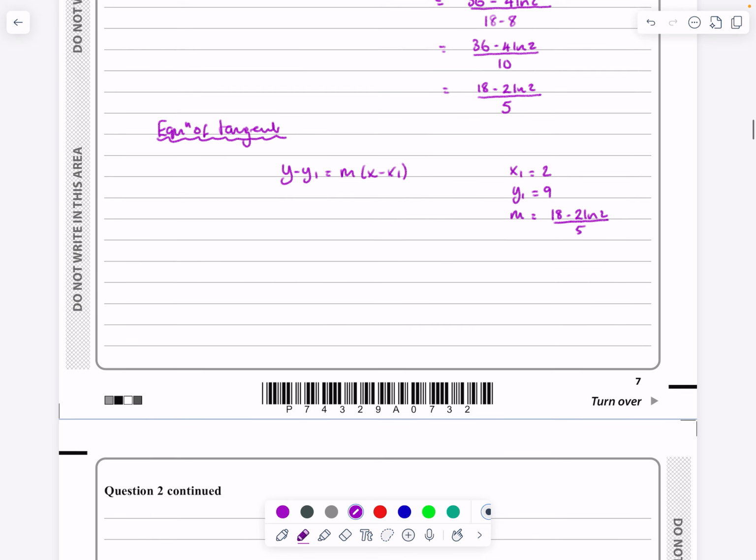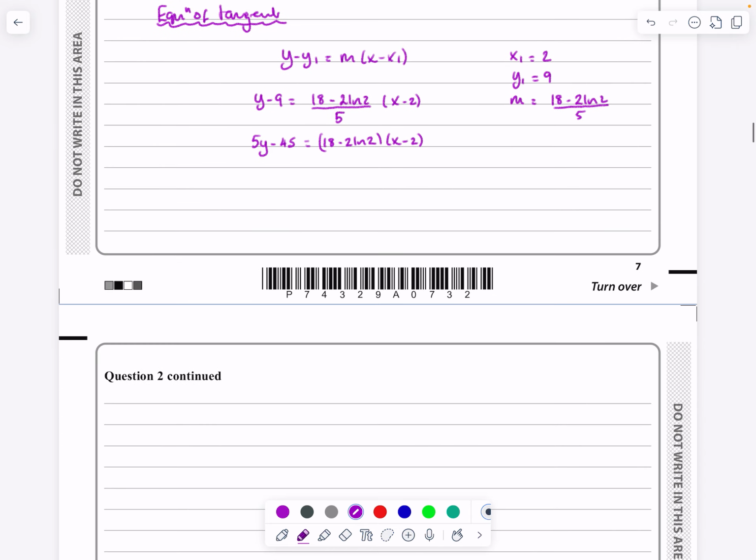So if we put that in, we're going to get y minus 9 is equal to 18 minus 2 log 2 all over 5, times x minus 2. So multiply everything by 5, multiply out all the brackets, I'm going to get 5y minus 45 is equal to 18 minus 2 log 2, times x minus 2.